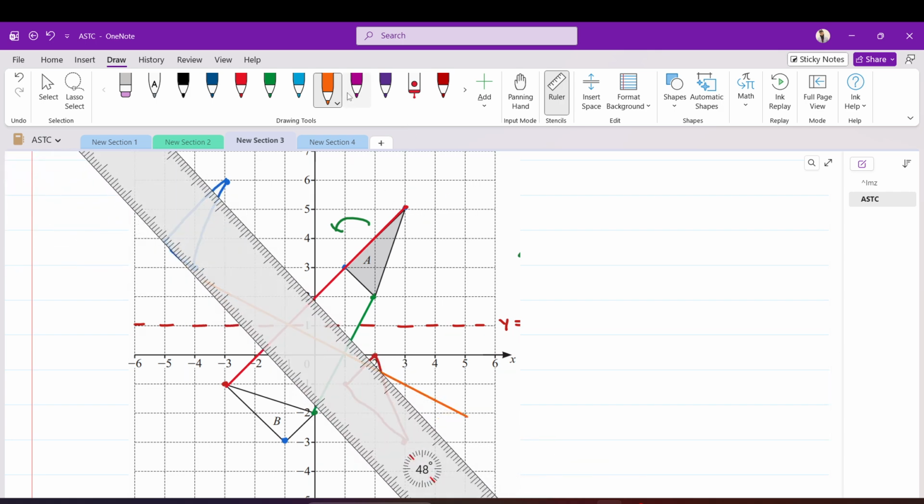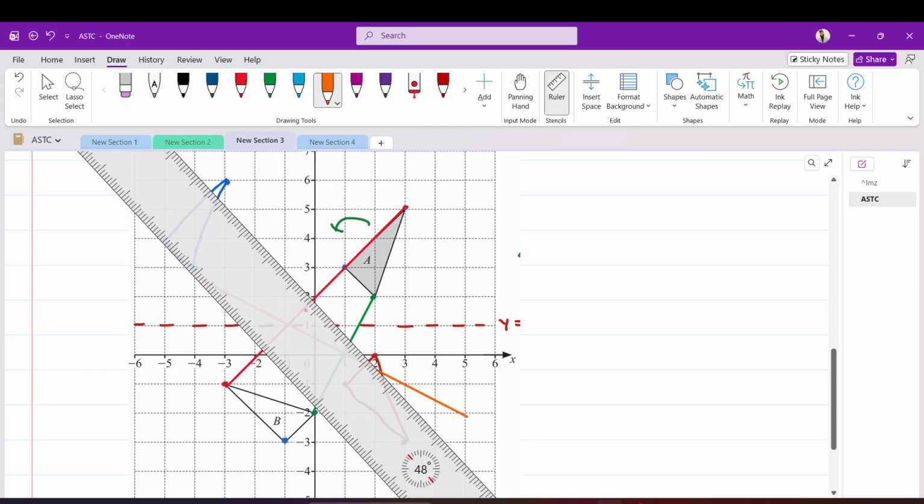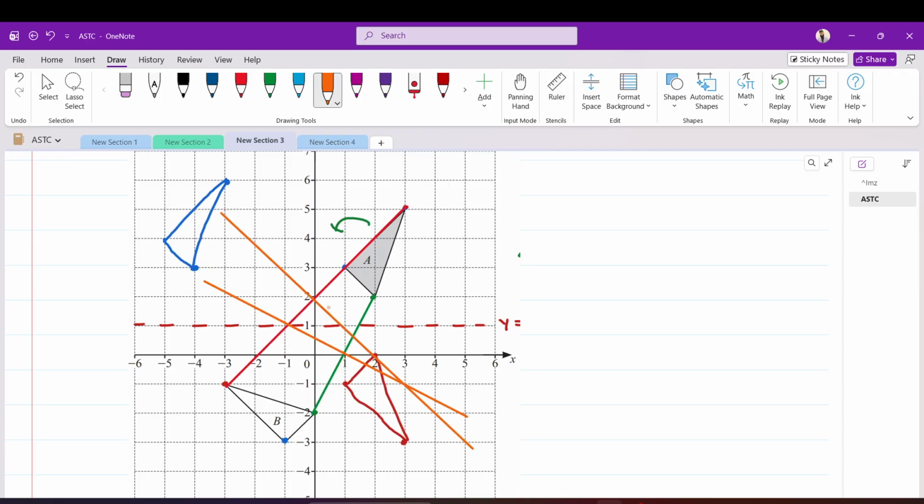First I'll measure the red line, then find the center, and keep it at 90 degrees. Now I draw a second straight line. Wherever these two straight lines intersect, that is your center of rotation. Here we can see they intersect at (3, -1).